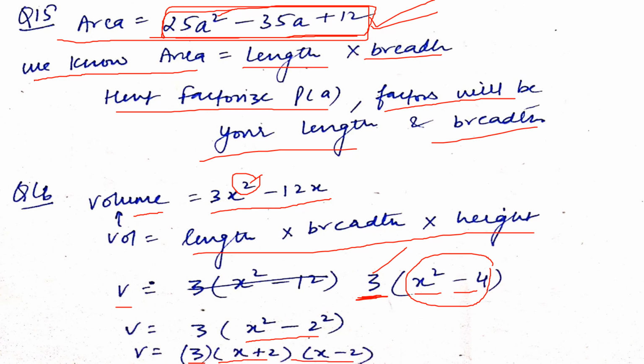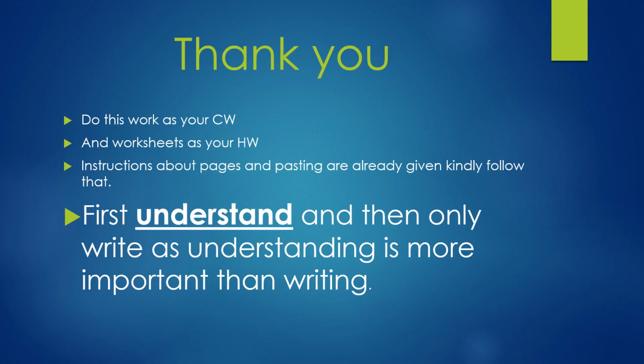So you can take either of them as length, either of them as breadth, and the third one as height. I hope you got this. It is a simple application of these polynomials to understand the length, breadth and height of a cuboid and the length and breadth of a square or rectangle.